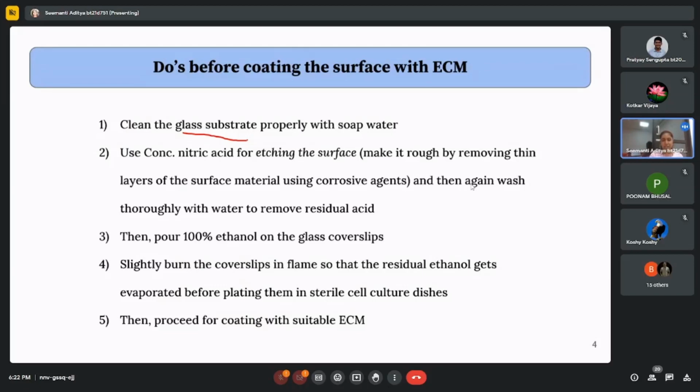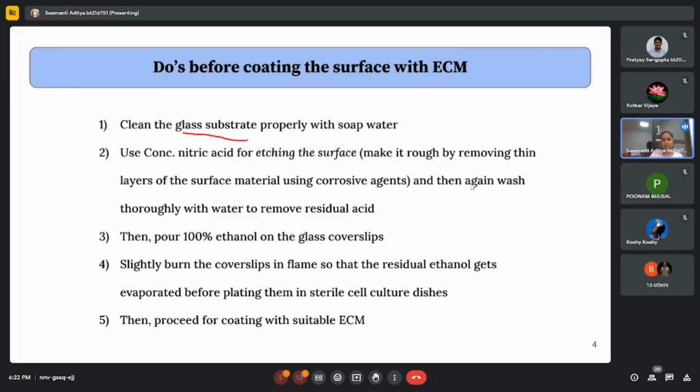Now, many times in our lab we don't coat the glass dishes, Petri dishes, 35 mm dishes, because they come pre-coated and suitable for growing the cells which we grow. But certain cells do not grow in the ECM that is already coated in these dishes, and for those cells only we need to coat extra.